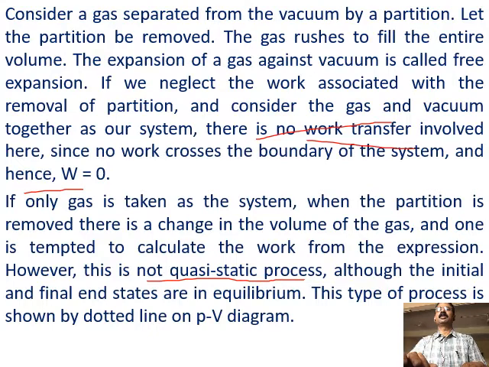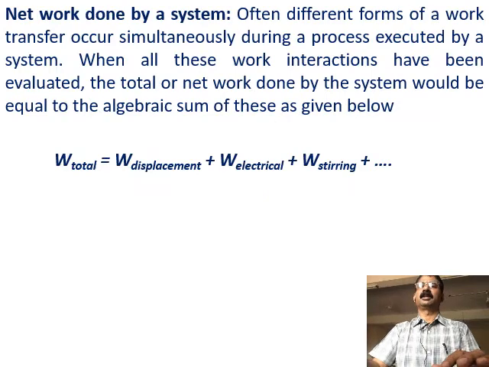However, this is not a quasi-static process. Only the initial and final states are in equilibrium, so you cannot calculate the work. This type of process is shown by a dotted line on the PV diagram. So this is about free expansion with work transfer.